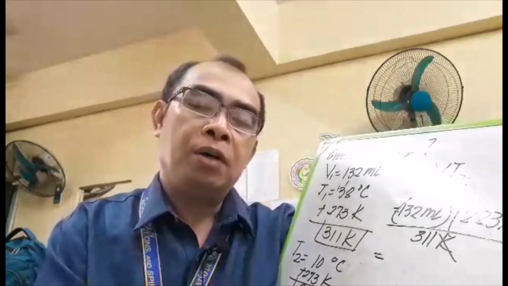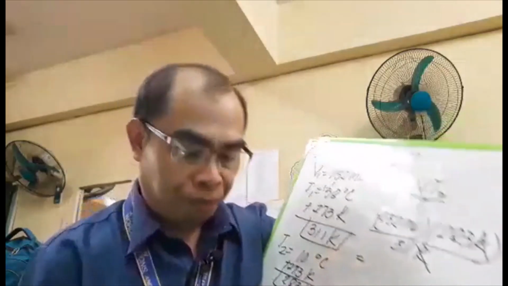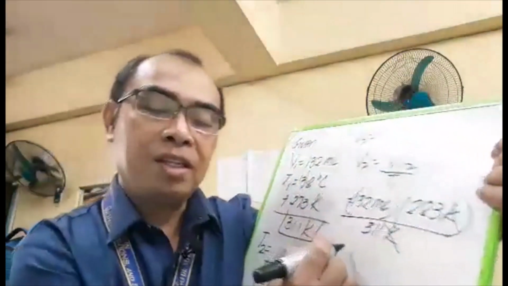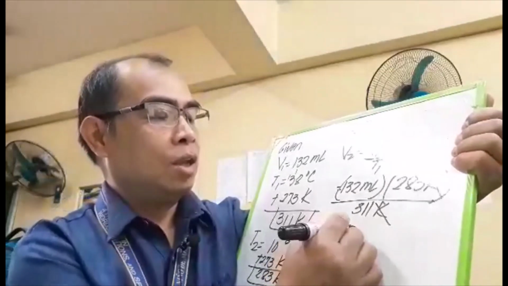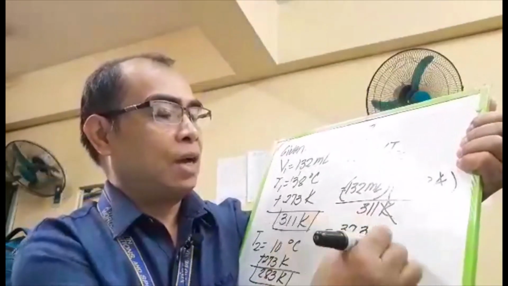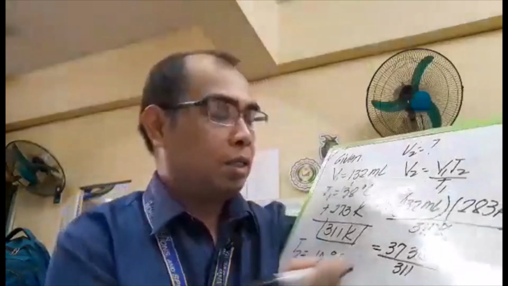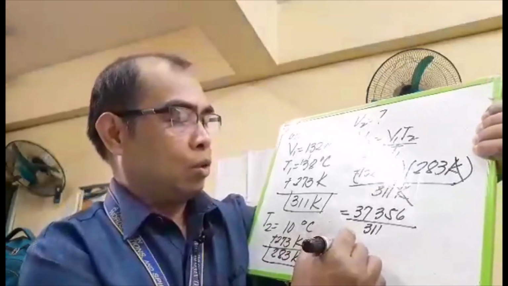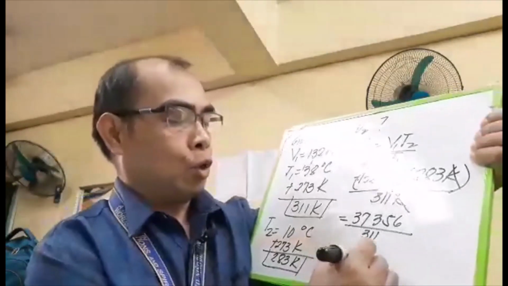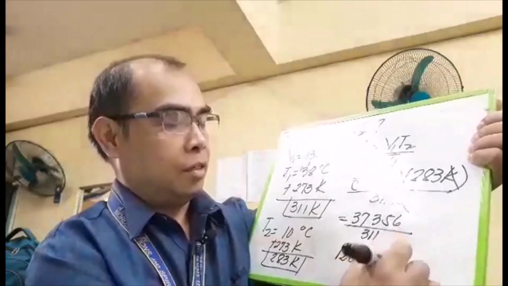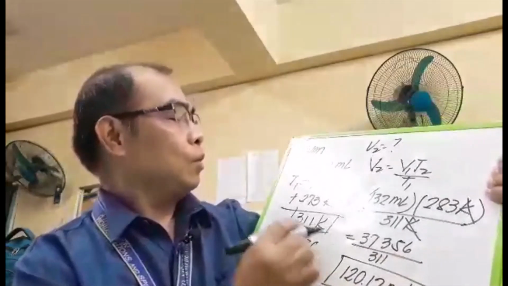We have 37,356. Then 37,356 divided by 311. So the answer is 120.12 milliliters.